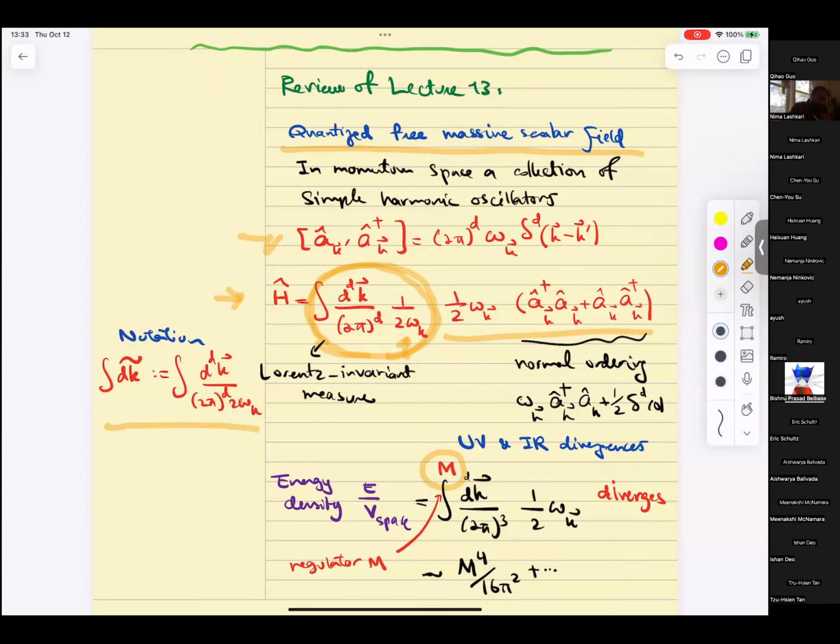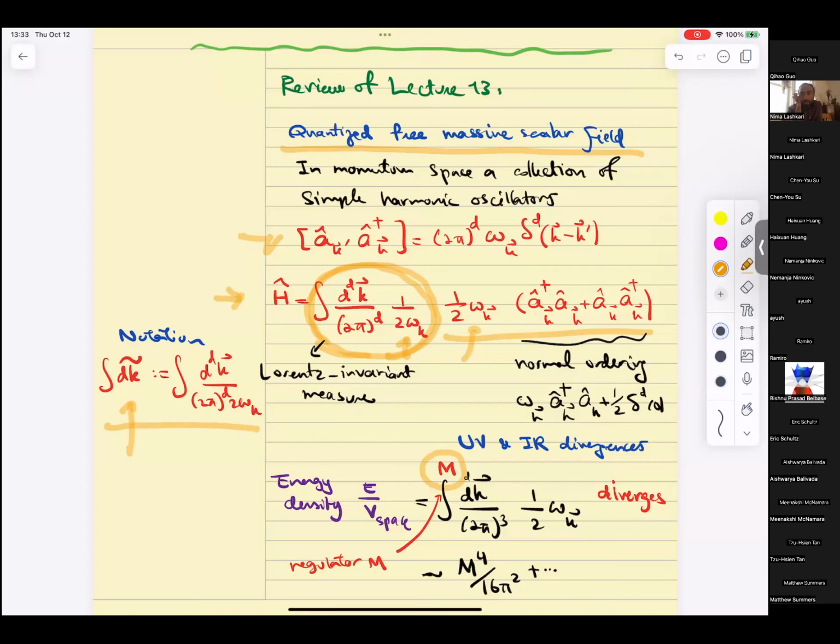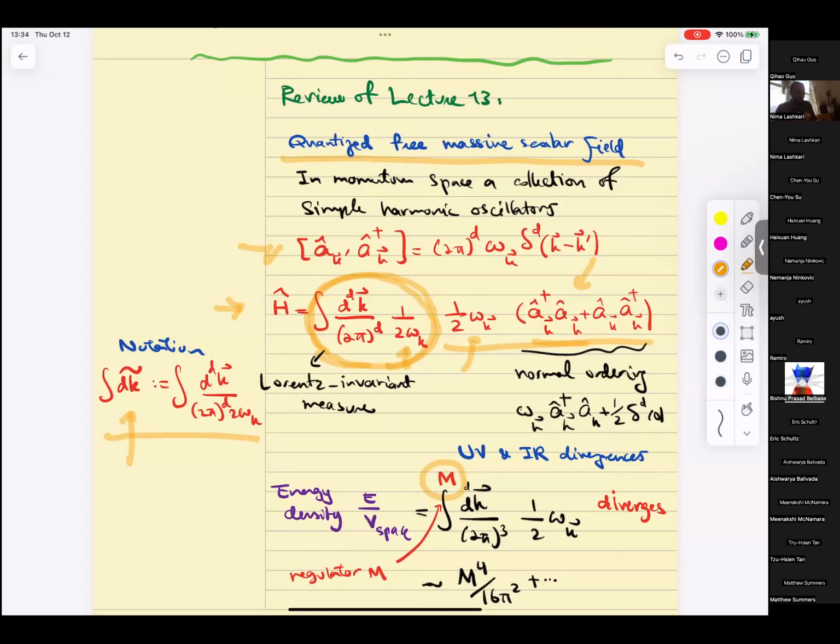So today I'll be using this notation, and I'll try to carry it around all the time: this curly dk is the Lorentz invariant integral measure. Omega k is the energy associated with momentum mode k, and we had the creation annihilation combination like this. Of course, it has to be self-adjoint, hence this form.